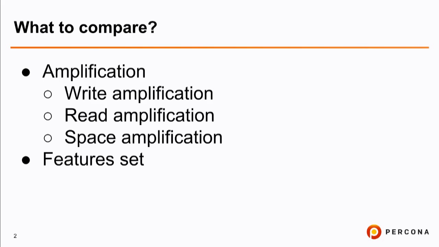And then there are also feature sets, because these are two different engines with two different levels of maturity and different ages. We're only going to touch on the feature sets a little, and focus on some of the performance metrics.